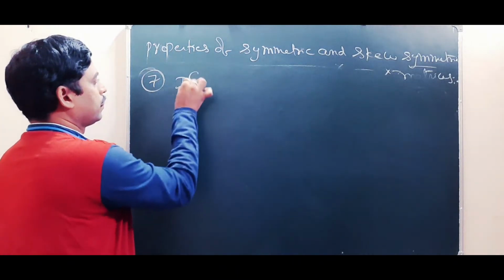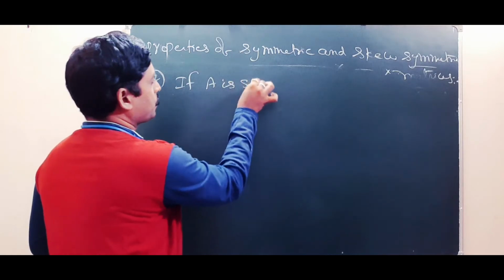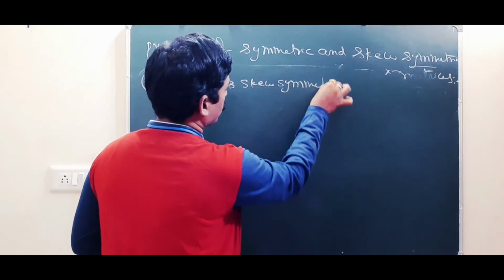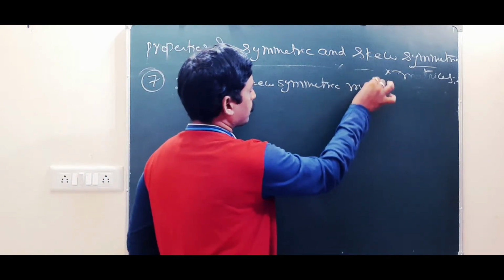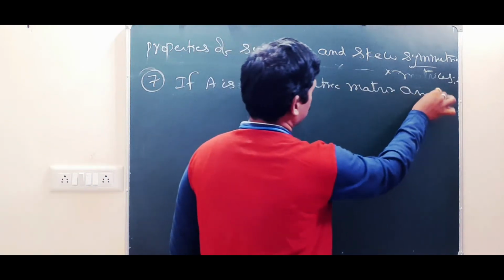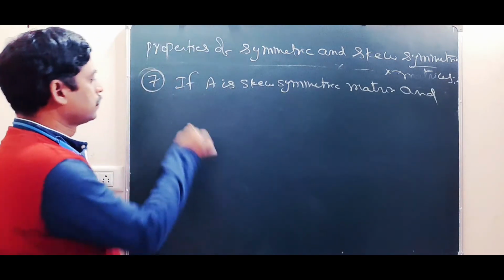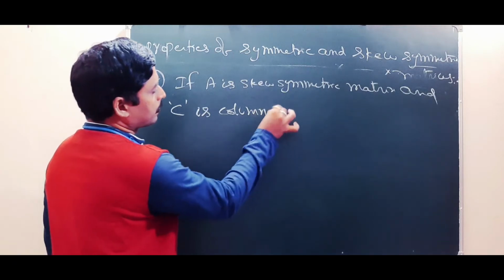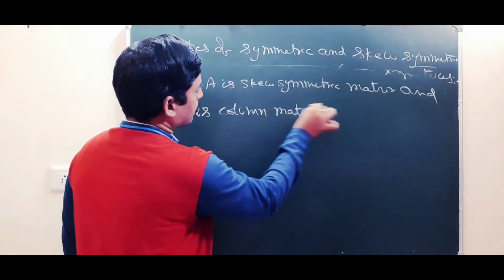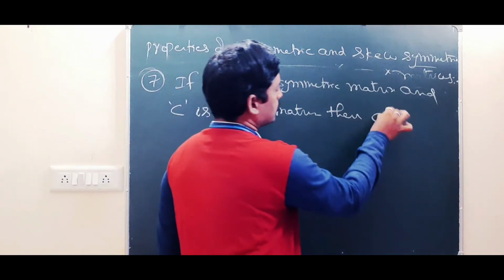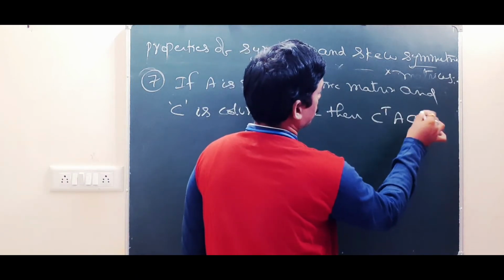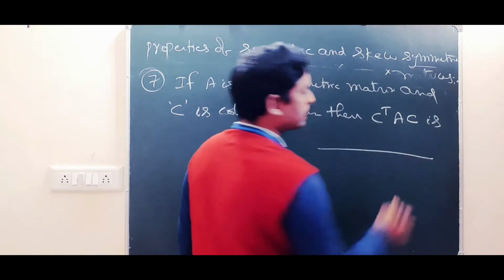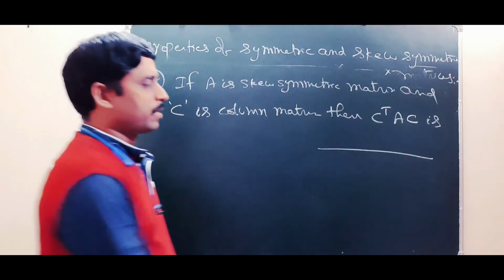If A is a skew symmetric matrix, and C is a column matrix, then C transpose into AC is a zero matrix.